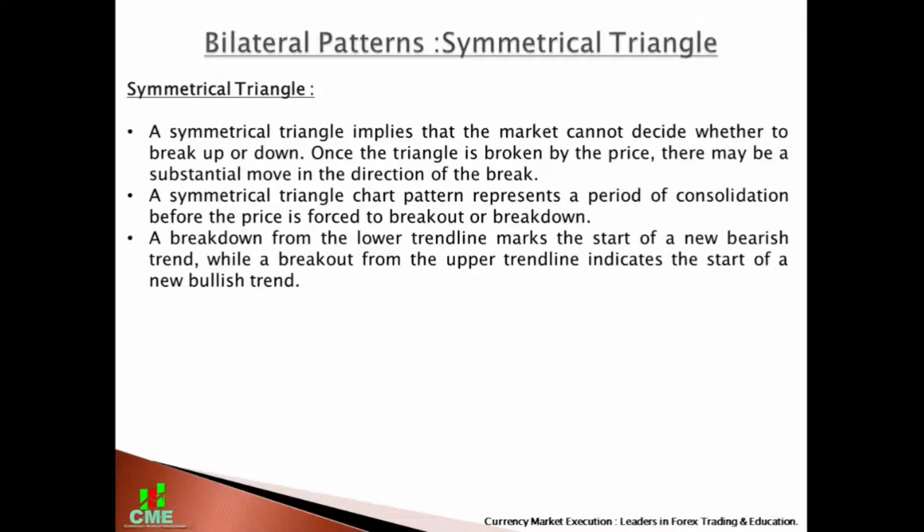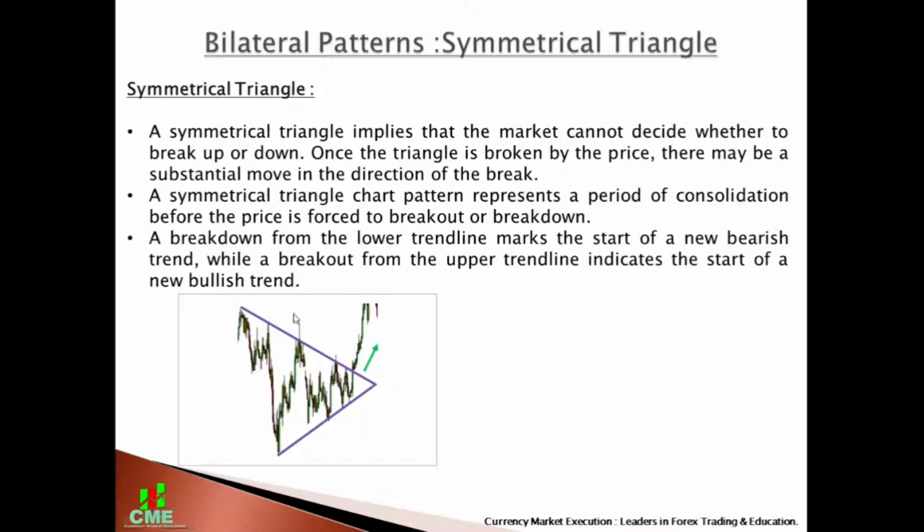So a breakdown from the lower trend line marks the start of a new bearish trend, in this case if it serves as a reversal, while a breakout from the upper trend line indicates the start of a new bullish trend. In this case, we're talking about when it is a reversal, but remember, it can be a reversal or a continuation.